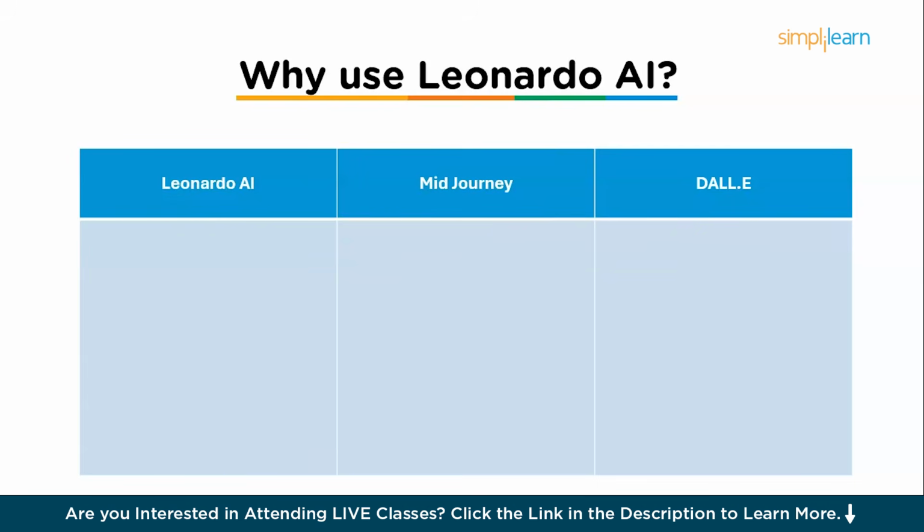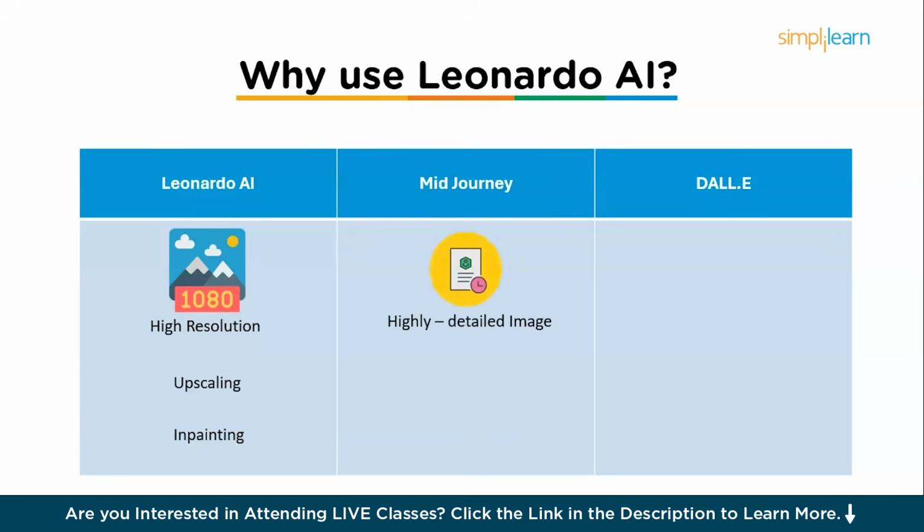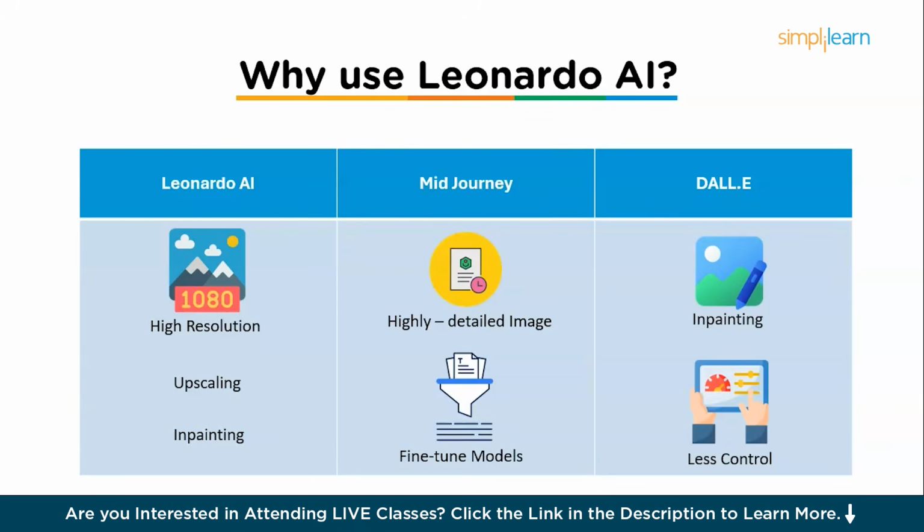Now differentiating them on the basis of image quality and fine-tuning. Leonardo AI produces high-resolution images with fine-tuning tools like upscaling and inpainting. Midjourney also generates highly detailed images but lacks built-in fine-tuning tools. DALL-E allows inpainting to edit existing images but has less control over the details.